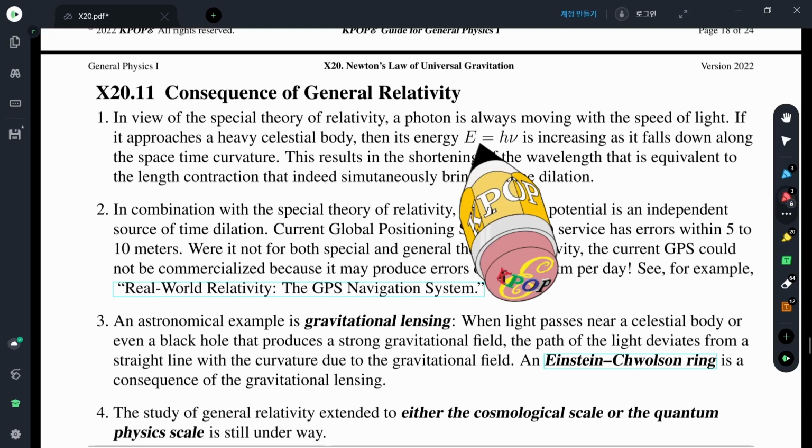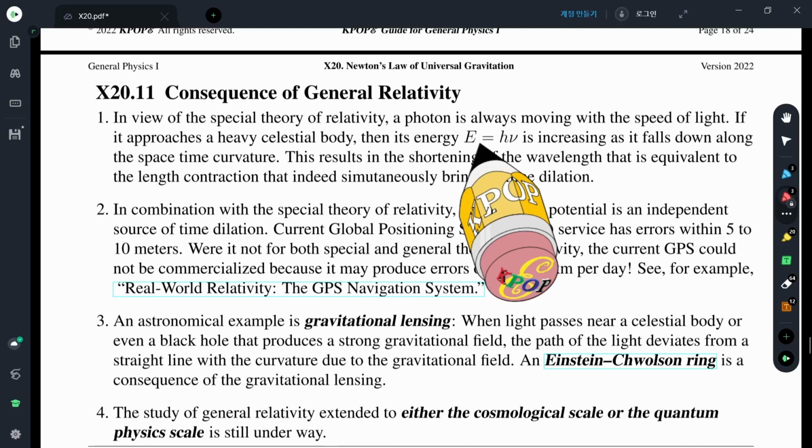Due to that fact, everything changes in the limit as v approaches the speed of light, and it has a very strong consequence in everyday life. I mean, everybody uses GPS, the global positioning system.